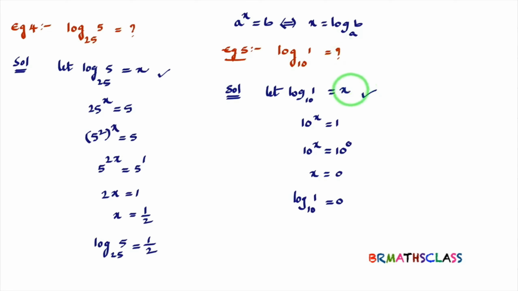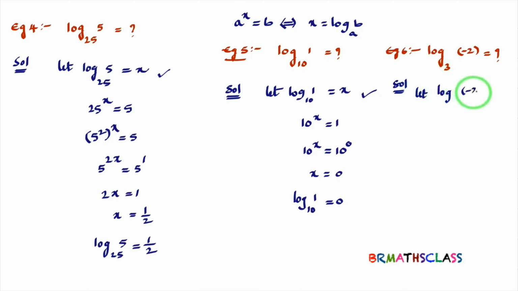Now the last two examples will give you more clarity about this logarithm definition. You see, the logarithm of minus 2 base 3. You try to get this answer. We will see what you will get in the general procedure. First I will take logarithm of minus 2 base 3 equal to x.